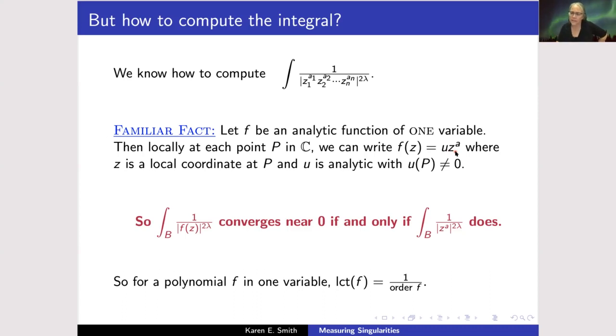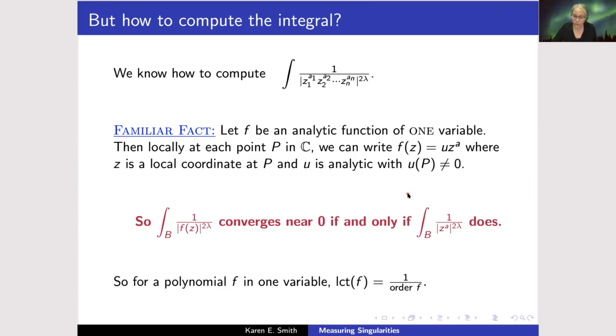Then I could factor out the z to the a, and I would have z to the a times some analytic function which does not vanish at the origin. So every analytic function in one variable can be broken down this way just by looking at a power series. And that a, of course, is the order of vanishing of the polynomial. And so we can see in one variable that this integral converges specifically when lambda is less than 1 over the order of f, 1 over a in this case.